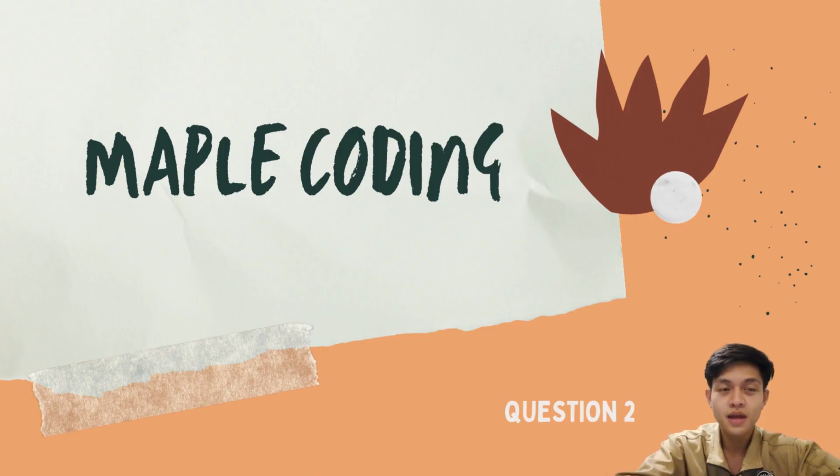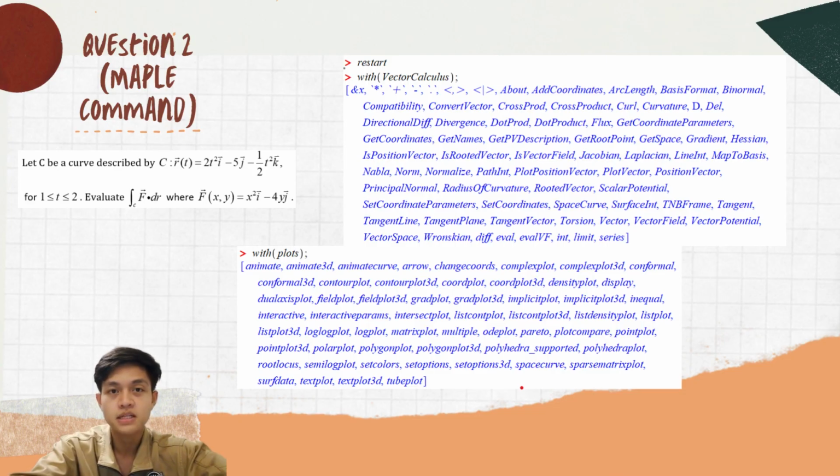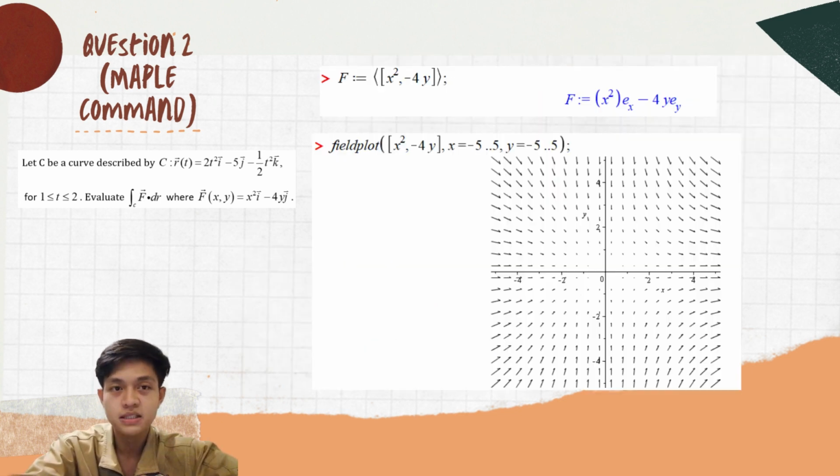Next, for the Maple command, the first step is we need to use the restart command and then we will call with vector calculus and with plots command so that we can use the mathematical symbols and plot the graph easily. State the equation that we want to use as the vector field, which is x squared and negative 4y. Next, we will try to plot the vector field using the field plot command and the graph will appear in the output.